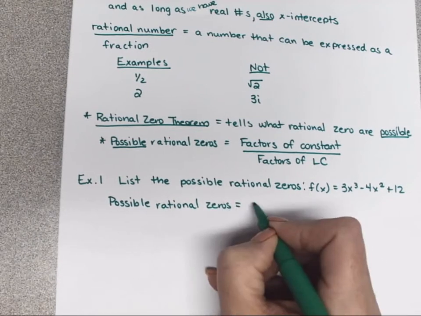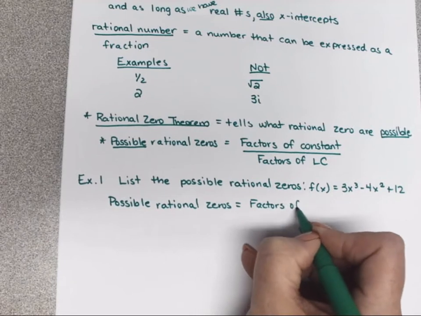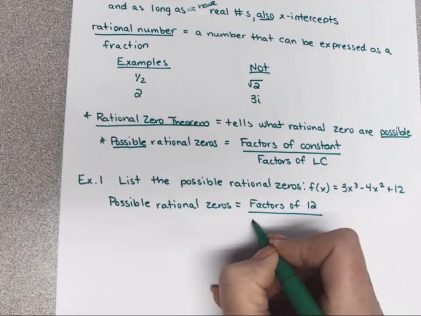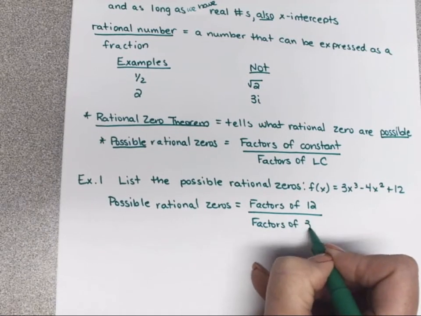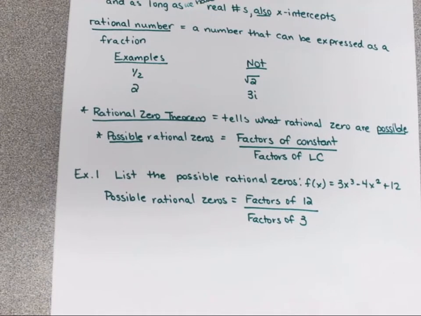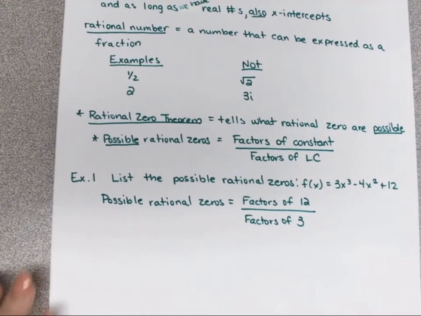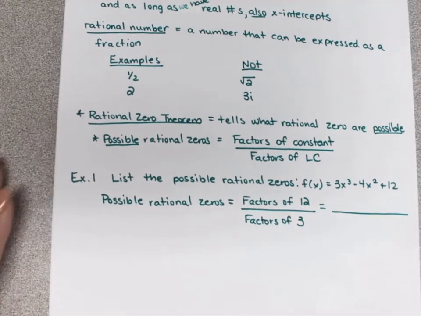So the possible rational zeros are going to be factors of 12, because that's the constant, over factors of the leading coefficient, which in this case is 3. So any factor of 12 is possible as the numerator, and any factor of 3 is possible as the denominator. So let's list out all the possibilities we could have.